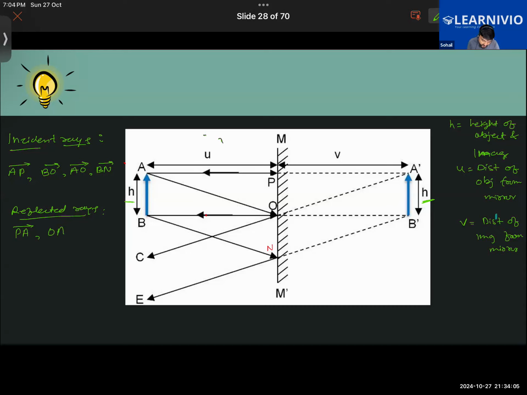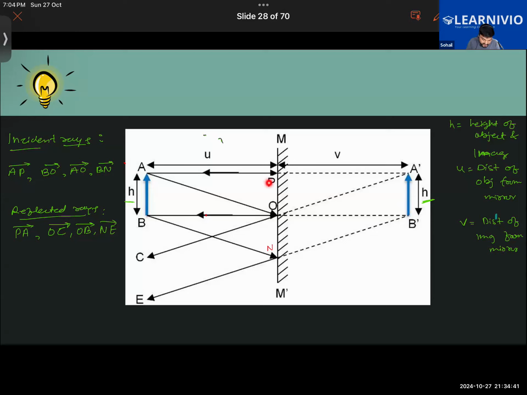How can it be OA? AO is the incident ray here. It is getting reflected back like this. Yes, OC. Right. Next. What about OB? Very good. And one more, that is NE. Well done. So these were the incident and the reflected rays. That is one thing.